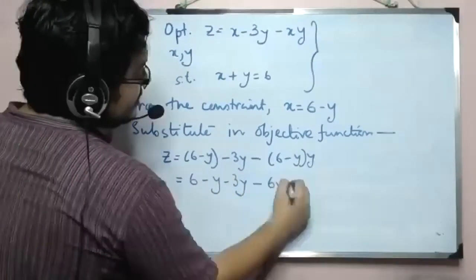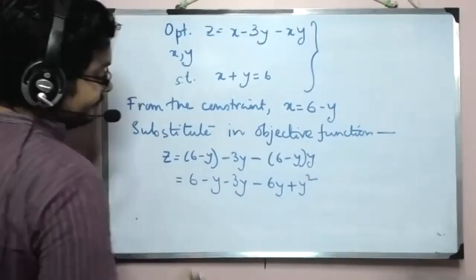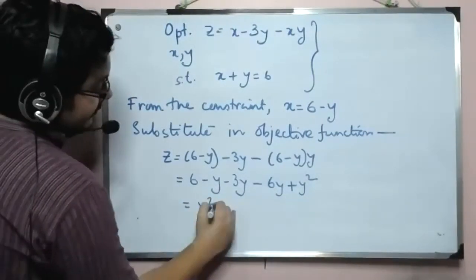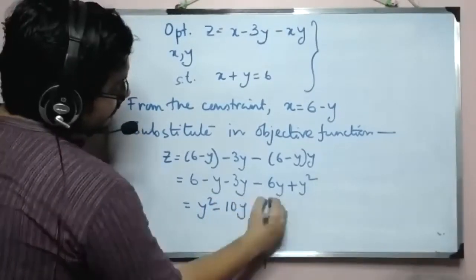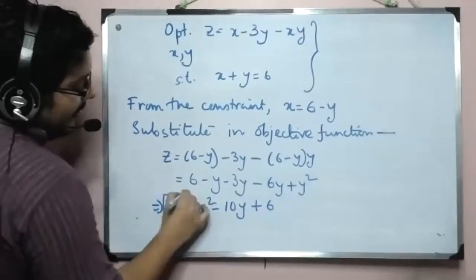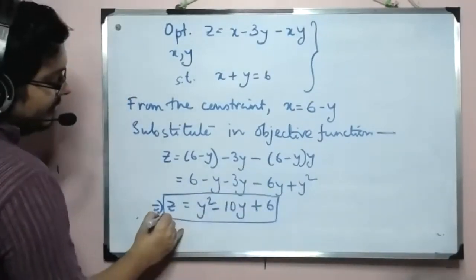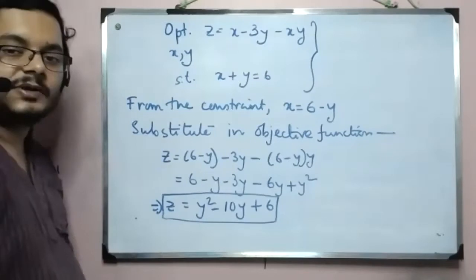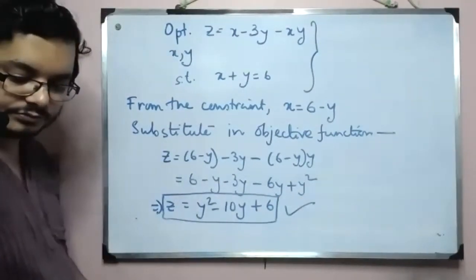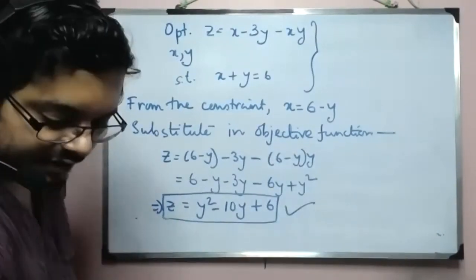So this is 6y plus y squared. Here I have my bivariate problem expressed in a univariate structure.